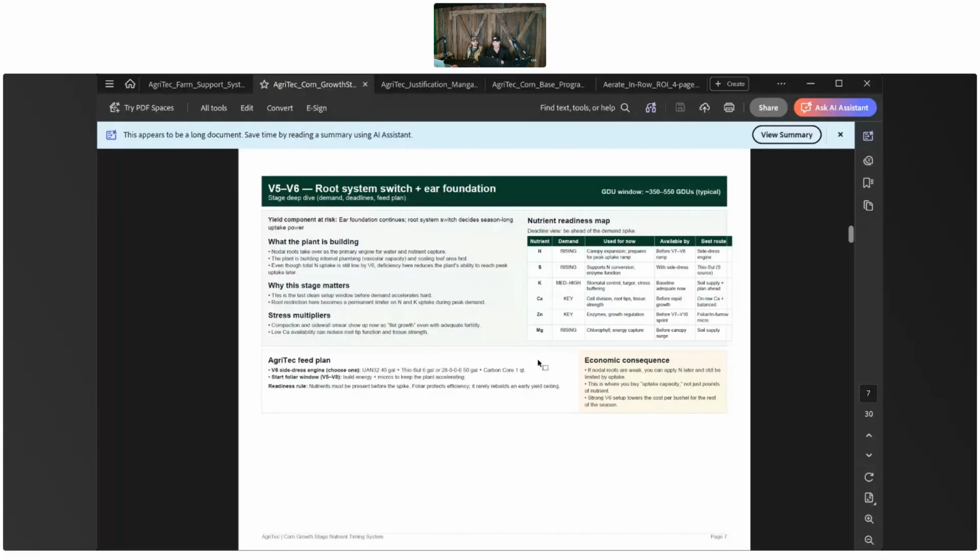Along with it, sulfur is following that same trend. Potassium is now starting to be more in demand because we're putting on a lot more structure as that plant gets tall. Calcium is a key to success there because that's driving cell division, root tips, and root elongation and tissue strength, right? And then your zinc's driving your enzymes.